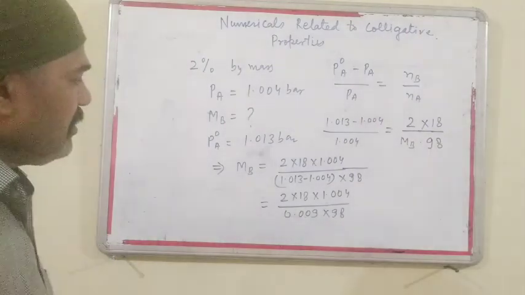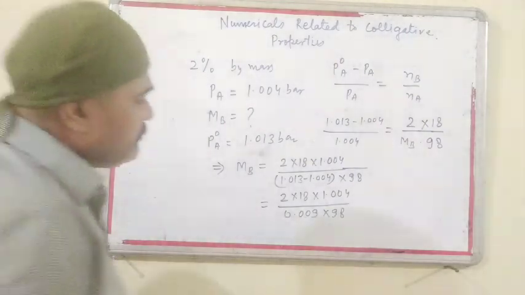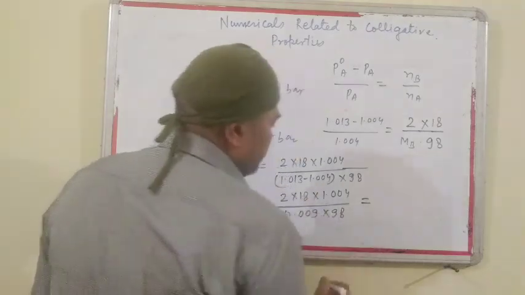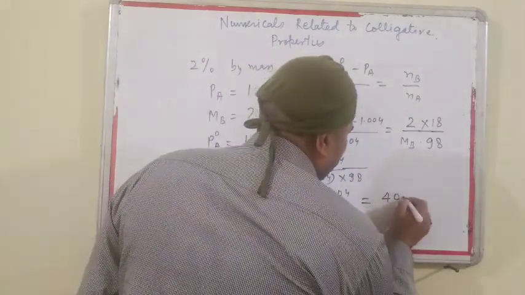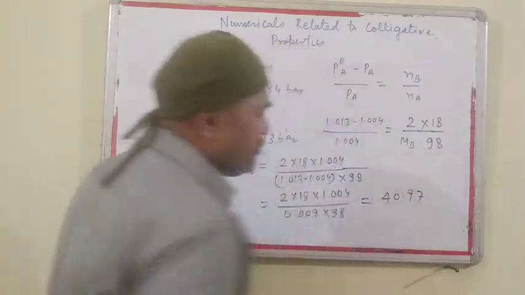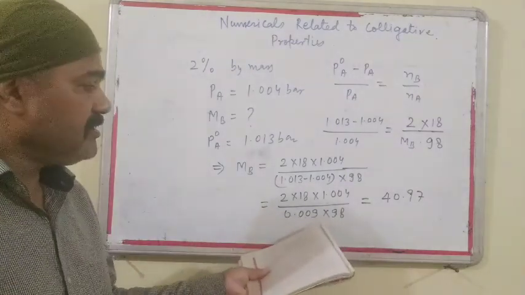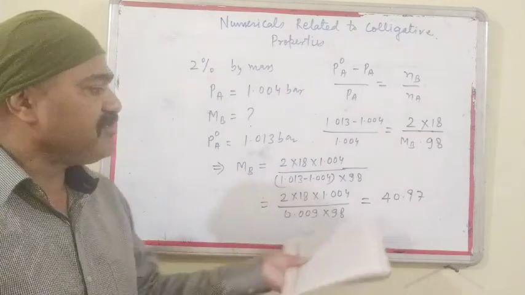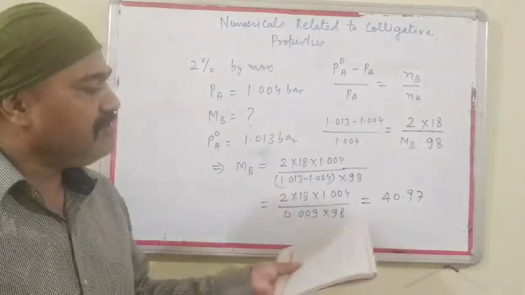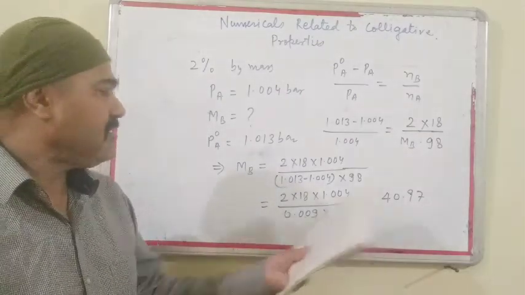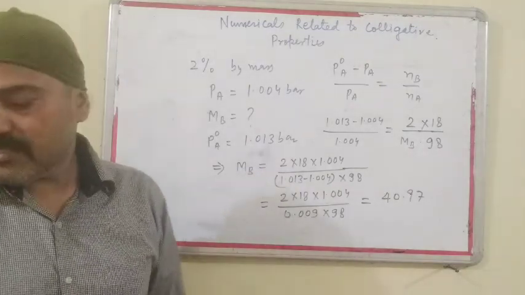On solving we get the final value 40.97. बच्चों, आप इसको सॉल्व करना है, ठीक है ना? बाकी I am just guiding how we can solve the question. 40.97, this is the molar mass of the solid.